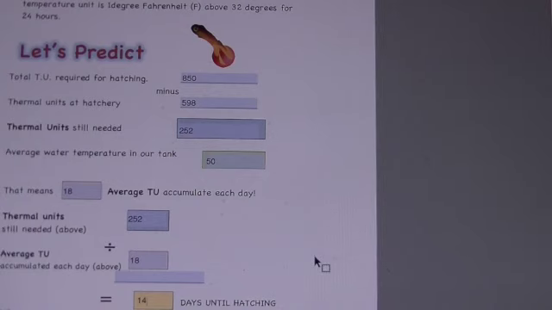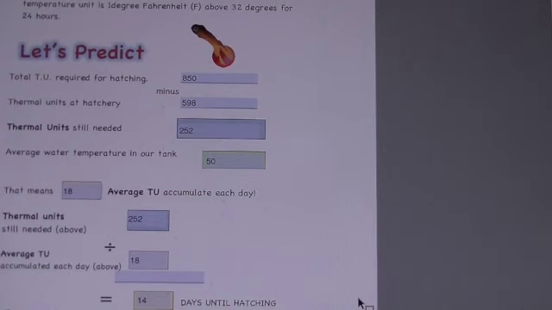So if we add 14 days to November 11th, that would mean our fish will be hatching on November 25th. And again, this is an approximation. Some fish might hatch a little bit before and some after.